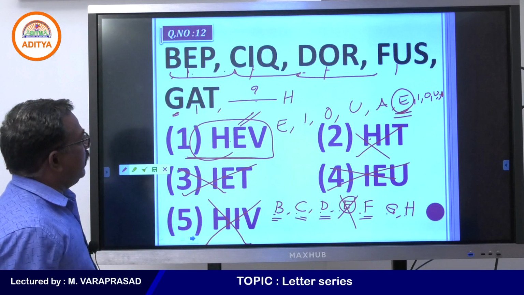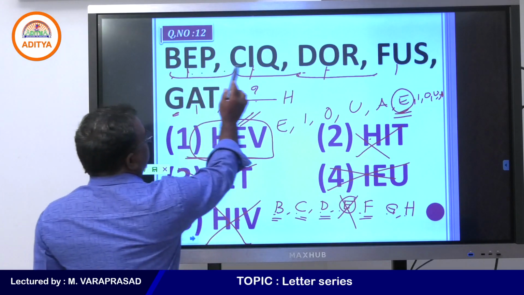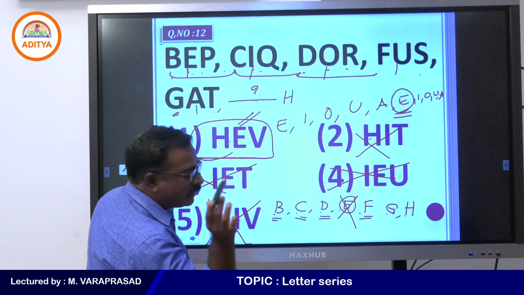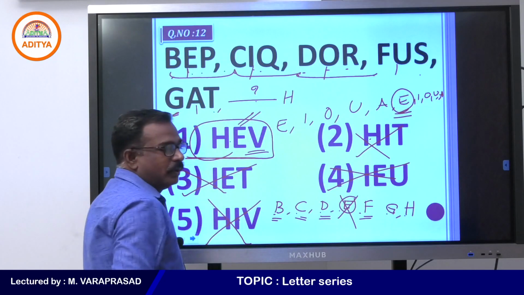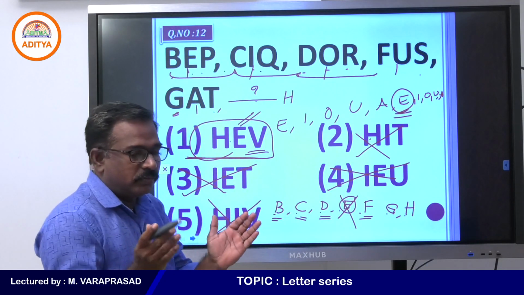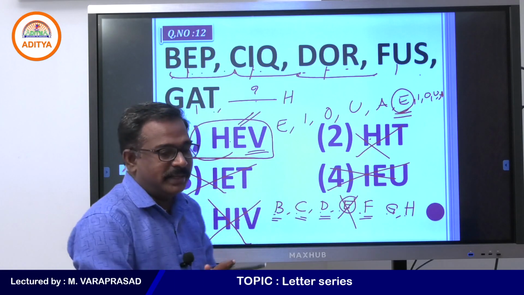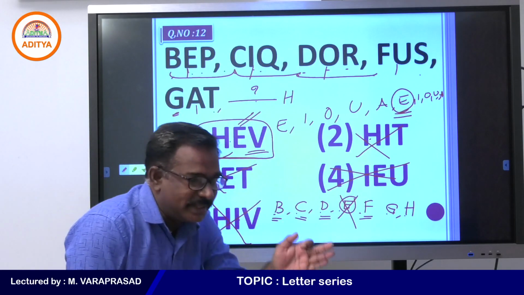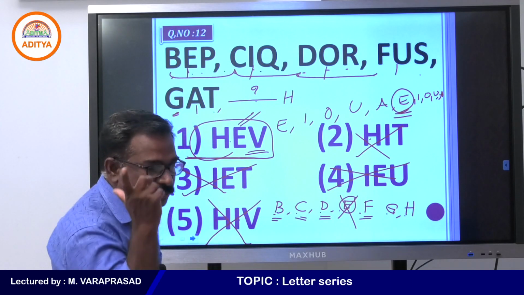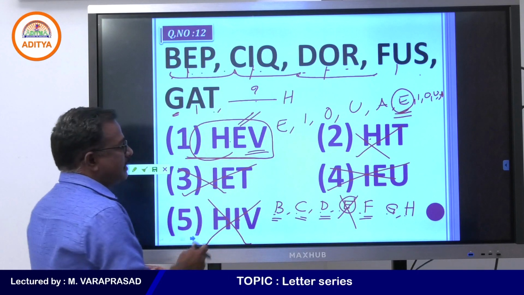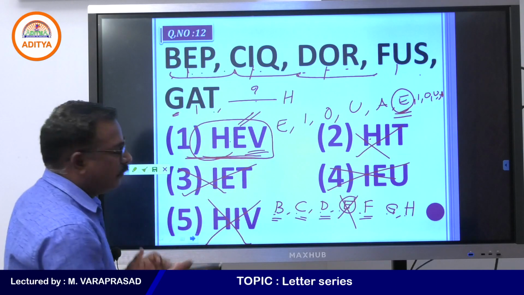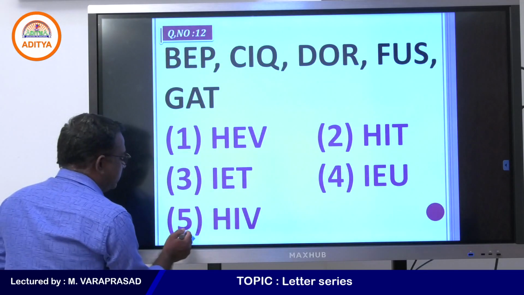We write H, E, V. P, Q, R, S, T, U is a vowel, that is why we write V. Vowels are missing in the first and third letters; we write the vowels in the second place. So the first and third letters need only consonants. The answer is H, E, V, right? You can go for the next question.